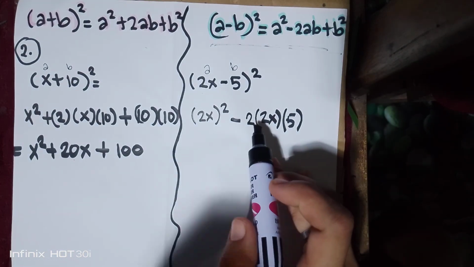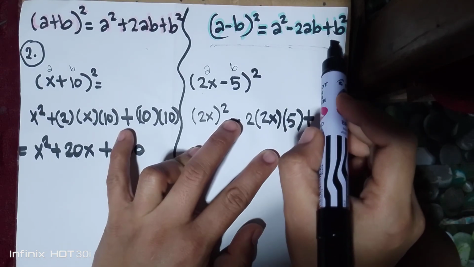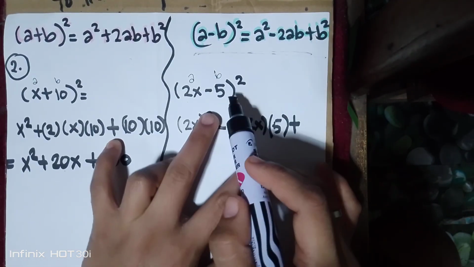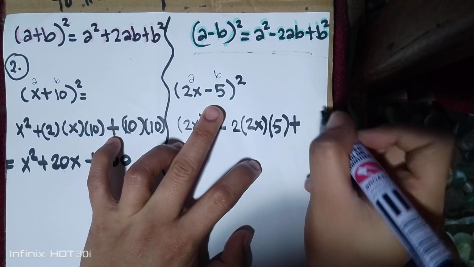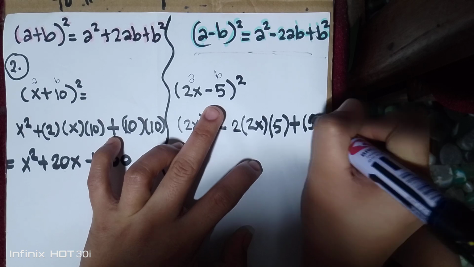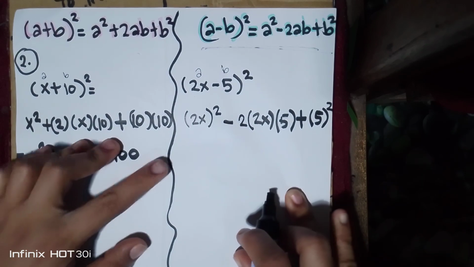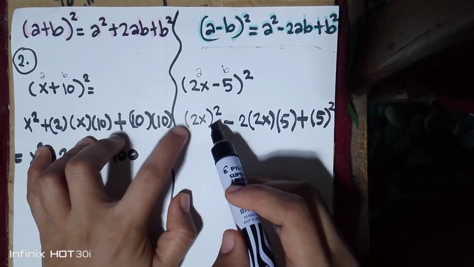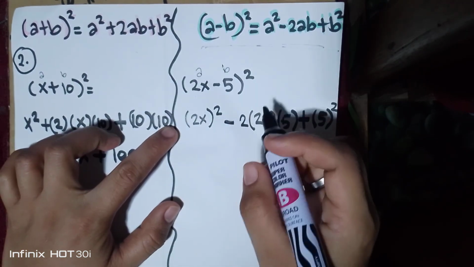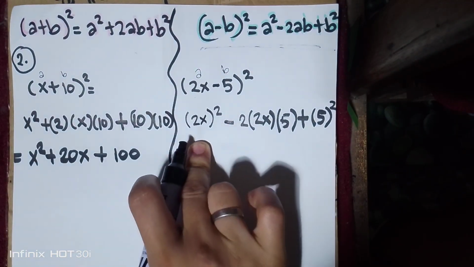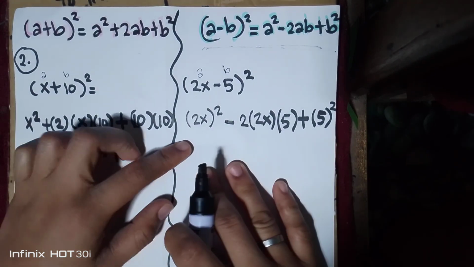After that, the last piece is b squared, or the square of the last term, which is 5 squared. If you can do this mentally, for example in the first part, you can directly put 4x squared, but I will show you how to make it in a step-by-step way.